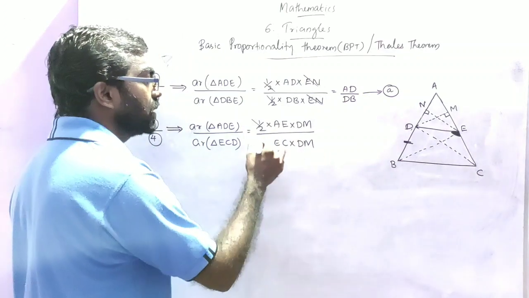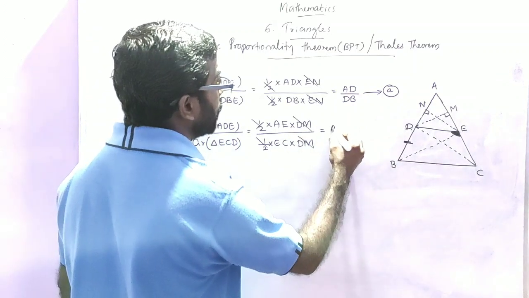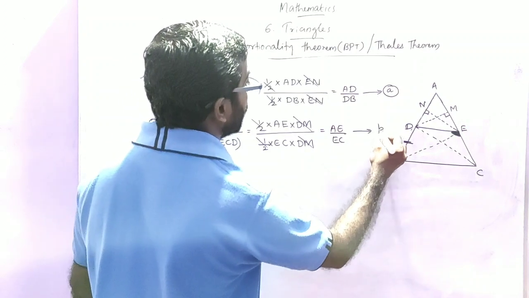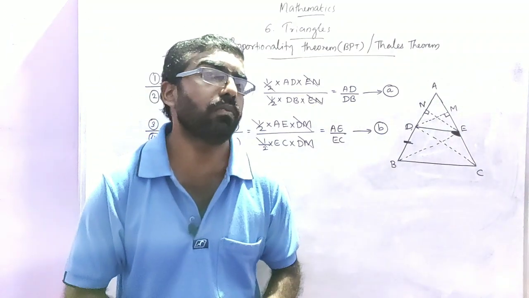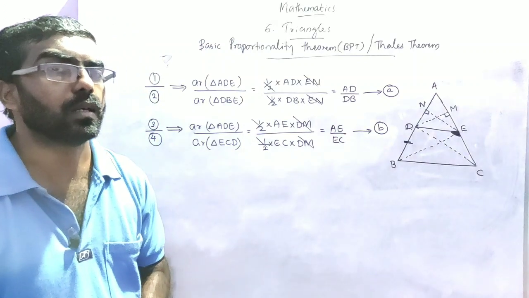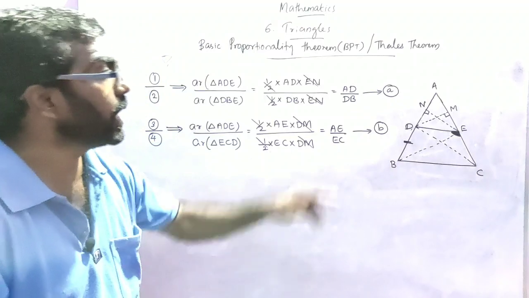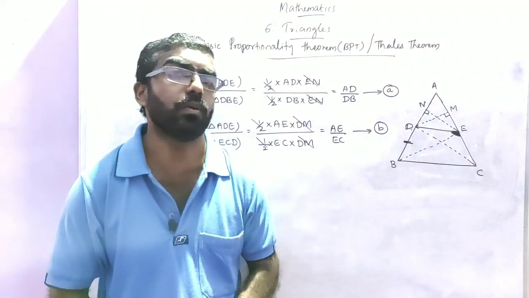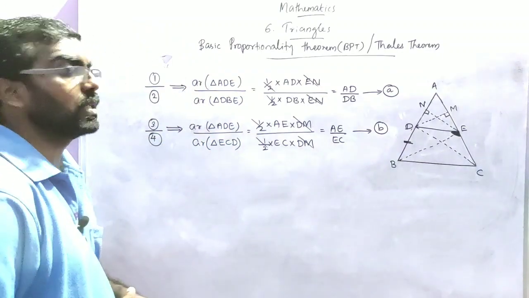Here also we can cancel 1 by 2 and 1 by 2, DM and DM, and which will be equal to AE by EC, and take it as equation B. Okay, and now we got 2 different ratios, AD by DB and AE by EC, but we have to prove these 2 ratios are equal. Okay, AD by DB equal to AE by EC, that we want to prove. So here we can check the LHS part of these equations.